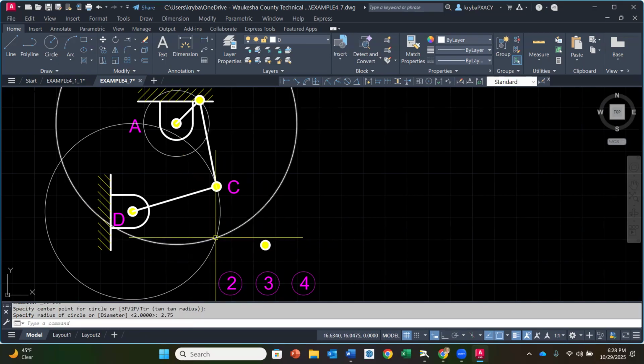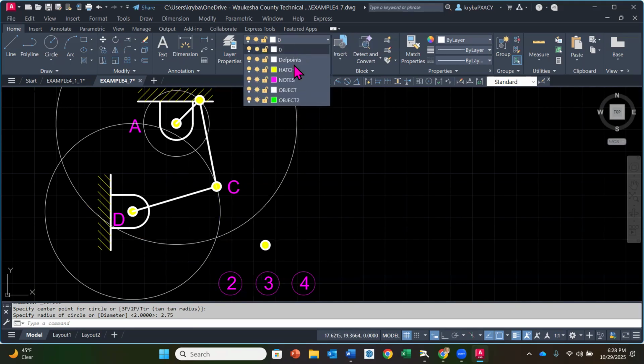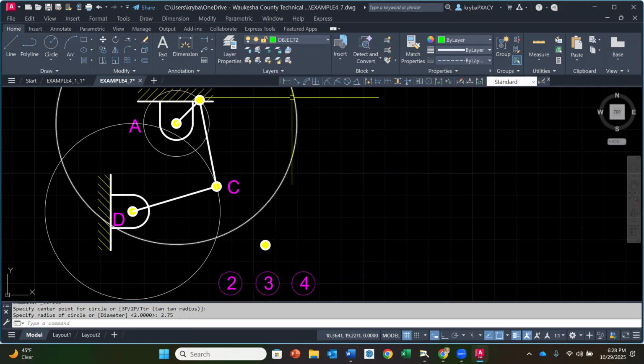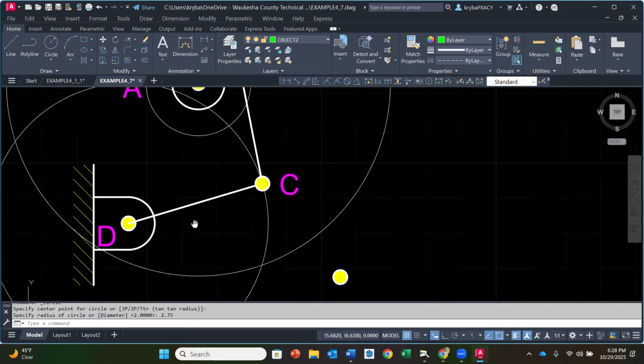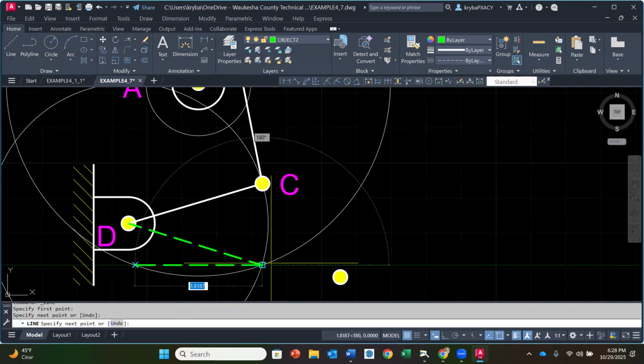And the intersection that's created is right there. That's going to be my lowest position for point C. So now I'm going to draw a line, and it's going to be on object 2, because this is going to be a new position. I'm going to draw a line from D to that intersection.